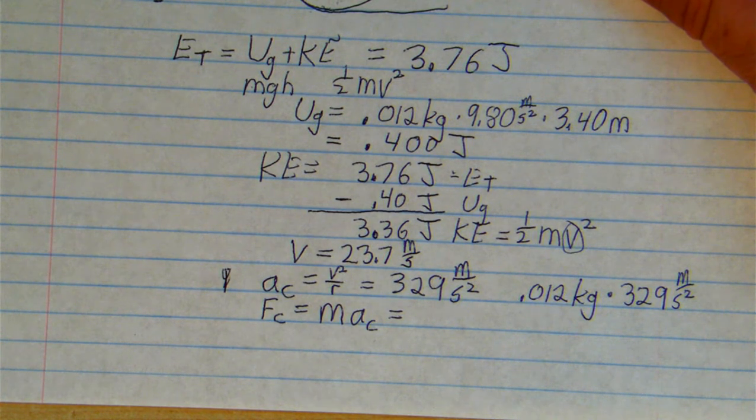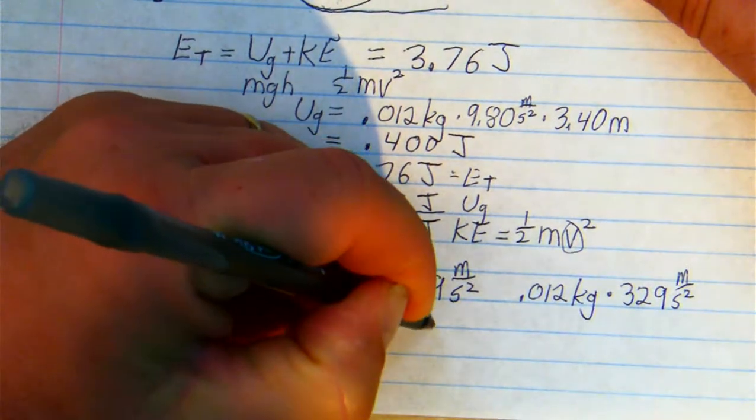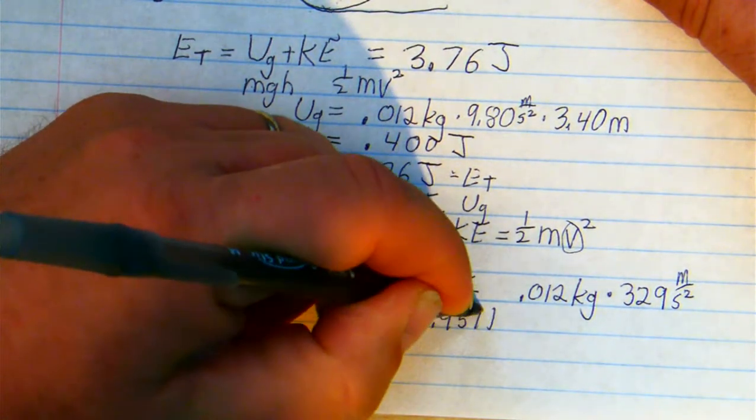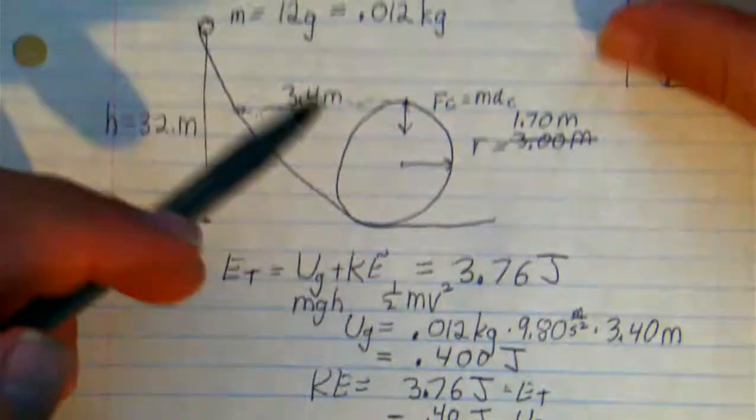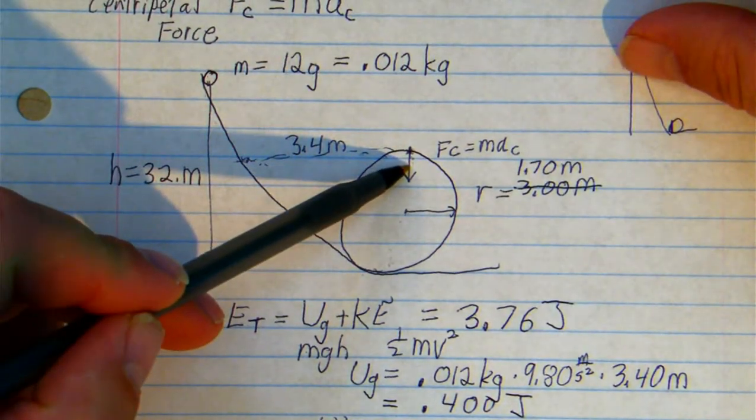Okay, anyone, what do you get? All right, yes, 3.95 newtons is how much force would have to be applied in order to have the marble move in a circle.